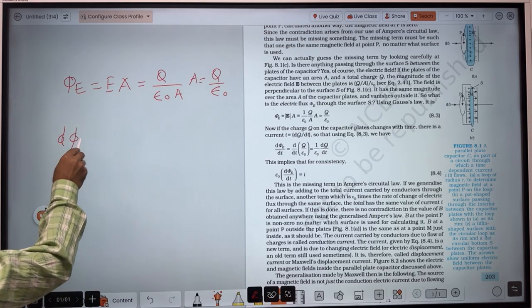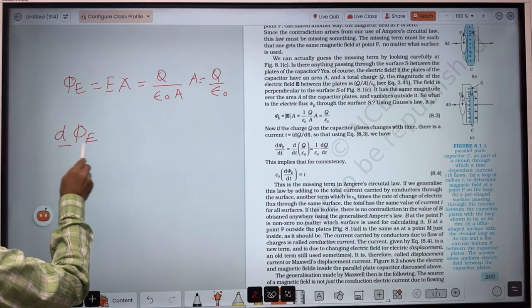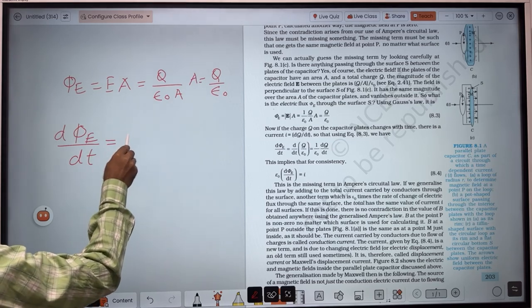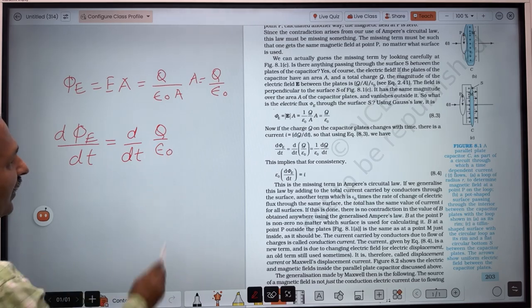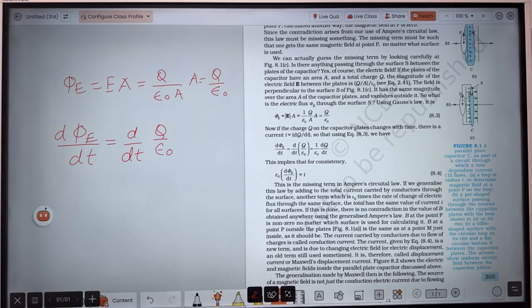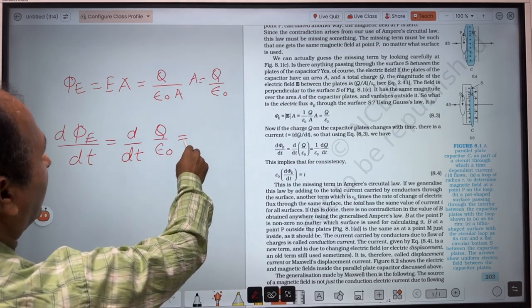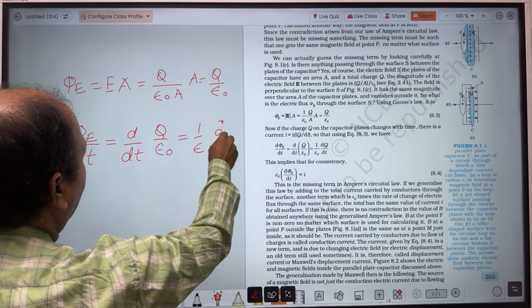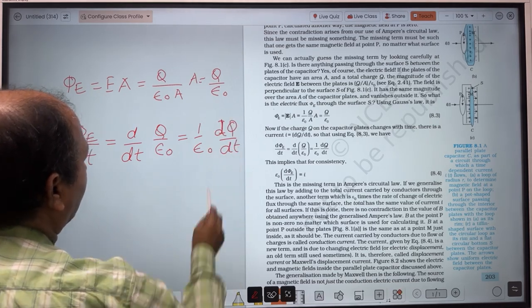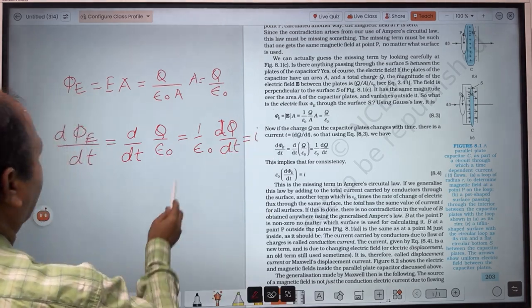And now if we find d phi E divided by dt, what do we get? d upon dt of Q upon epsilon naught, right? So what do we get further? 1 upon epsilon naught dq by dt, and you know dq by dt is equal to I, which is conduction current.